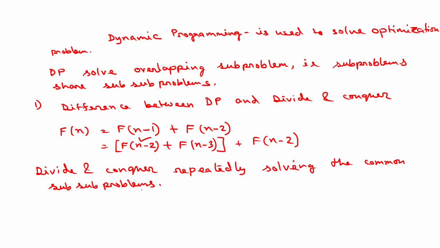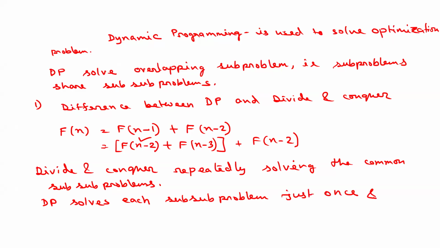Whereas dynamic programming, that is DP, solves each subproblem just once and then stores the solution in a table.